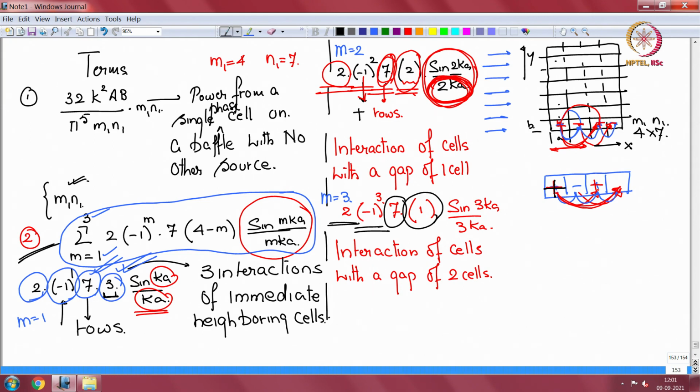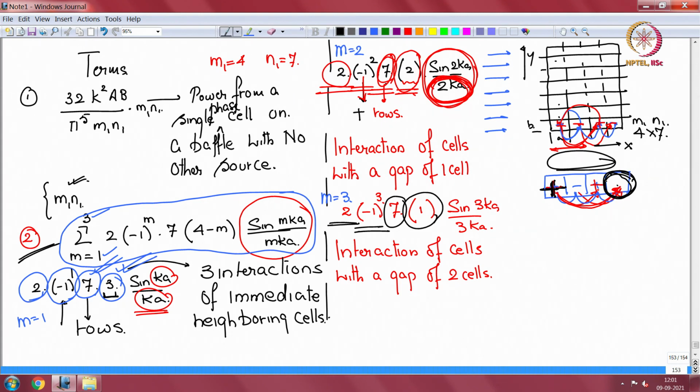Now, what is an interaction, one could ask. You can think of this cell here generating a pressure which sits on the other cell. So, the other cell sees that pressure in addition to the mean pressure in the medium, and so that cell has to work against the pressure applied by this.